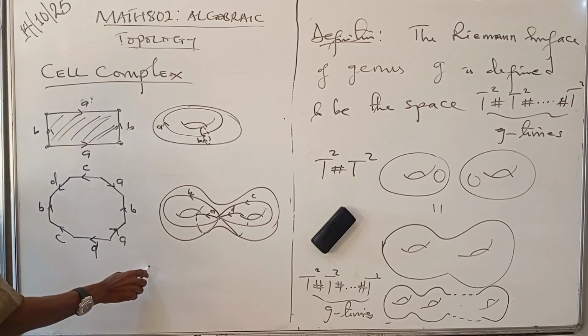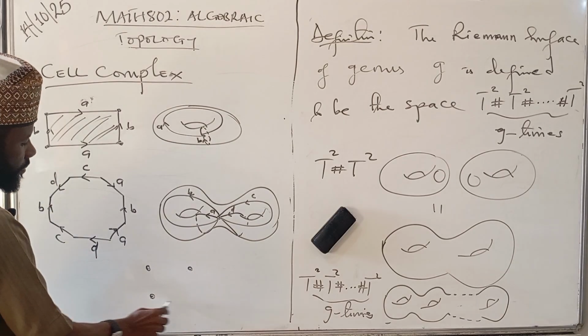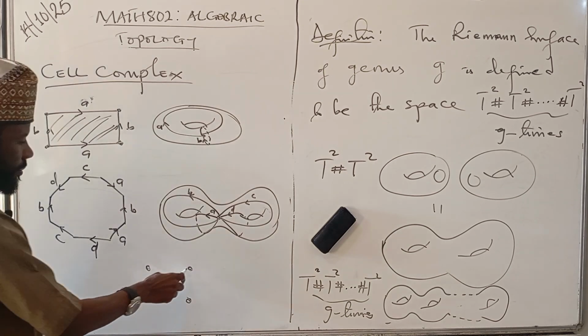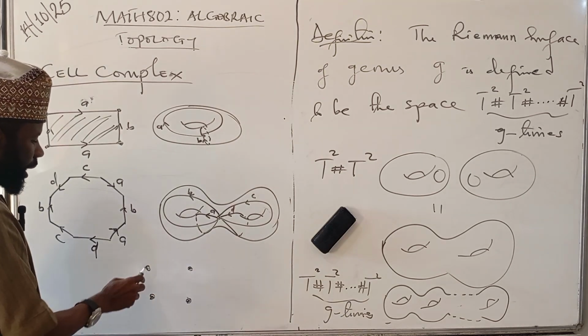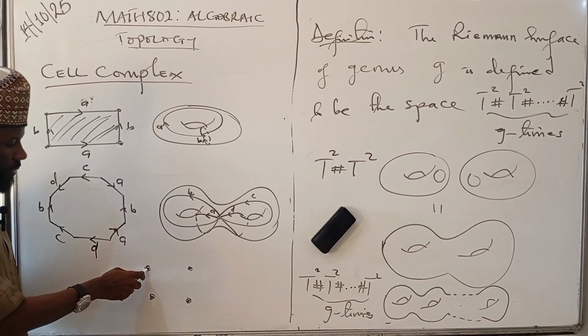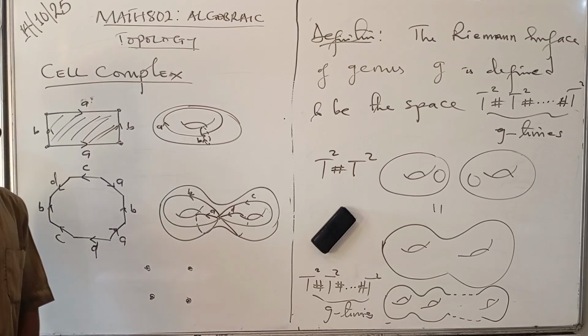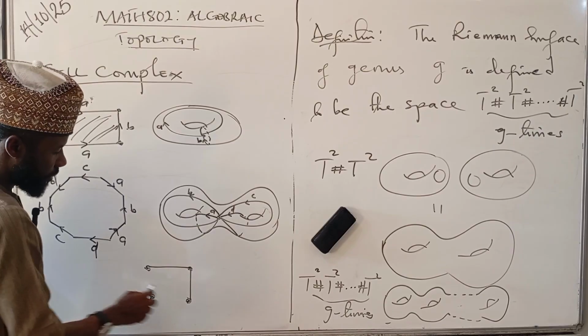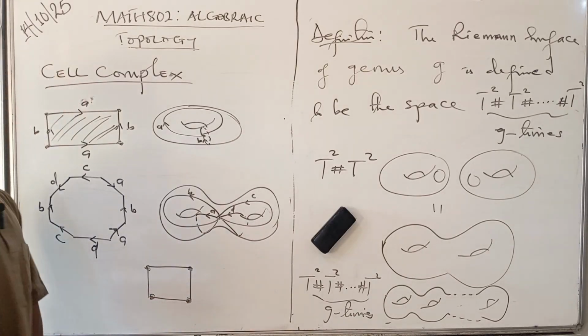You can think of it as you started with 4 points, and these 4 points are a ball of dimension 0. And then you attach balls of dimension 1.